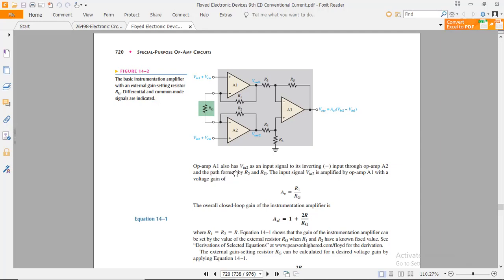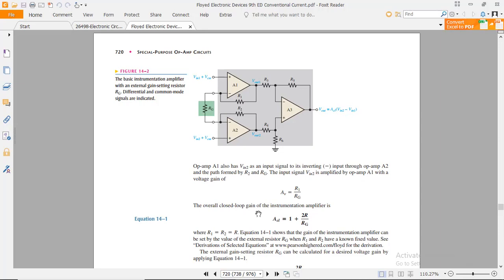Op-amp A1 also has Vin2 as an input signal to its inverting negative input, that is, the inverting input through op-amp A2 from the side, and through the path formed by R2 and RG, the input signal Vin2 is amplified by op-amp A1 with a voltage gain of Av equal to R1 divided by RG.